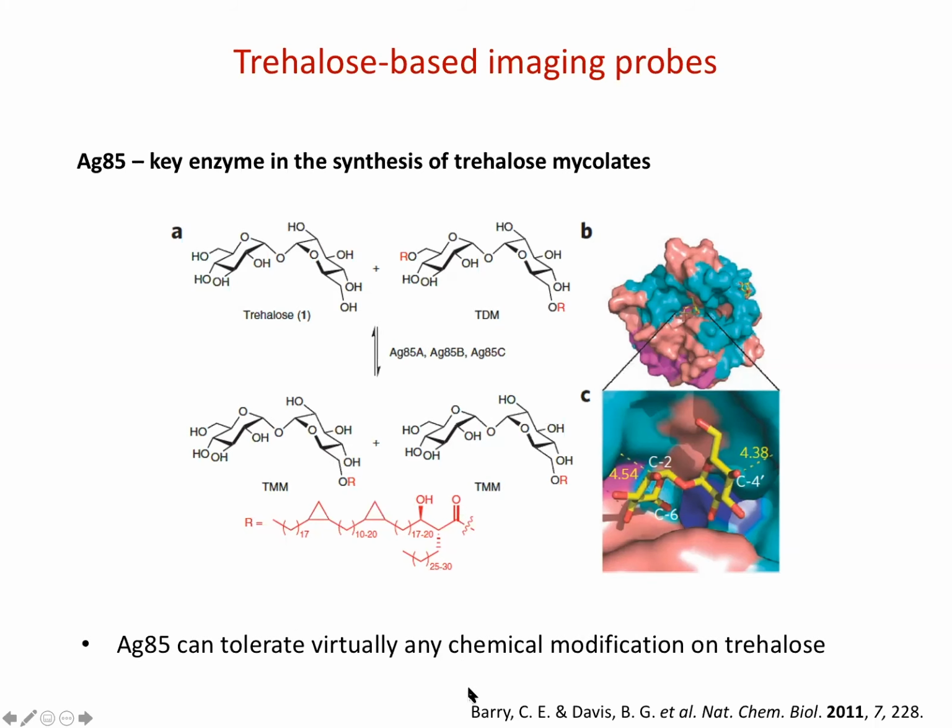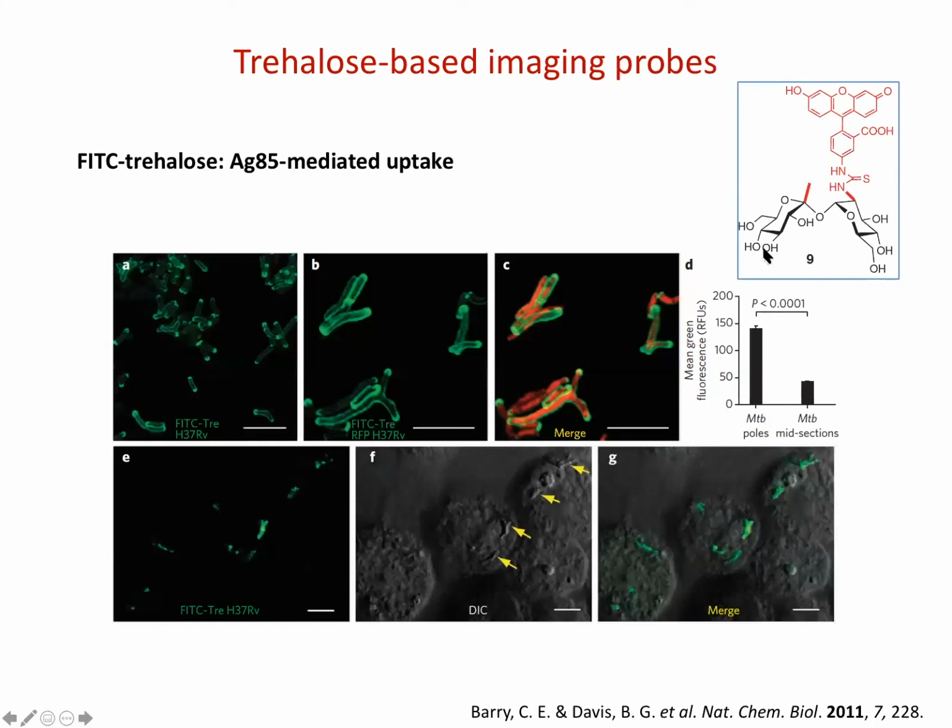And then they conjugated FITC onto trehalose. You can see they have beautiful images showing that this probe is taken up primarily in the cell envelope, clearly seen here.